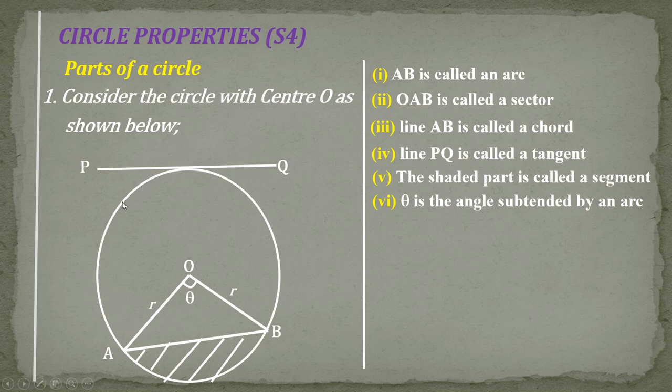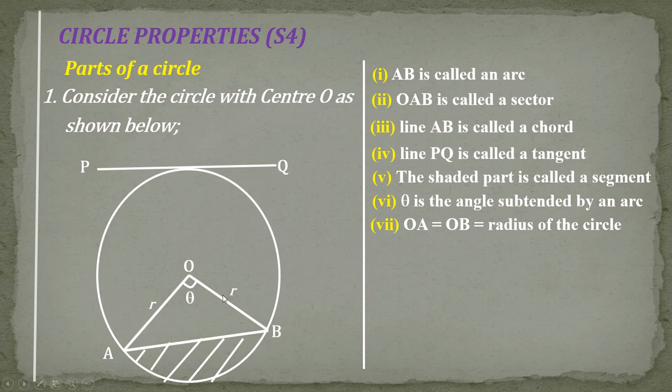I can as well draw a line from here up to the center, still from the center up to this point. Now the angle that would be formed here is the angle subtended by the arc at the center, and that is the angle we are calling theta. This angle is going to be very key, especially when we are calculating the areas and the length of the arc. Now the distance from O to A, as earlier said, is called the radius of the circle.